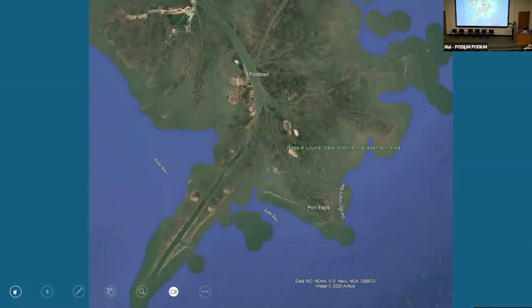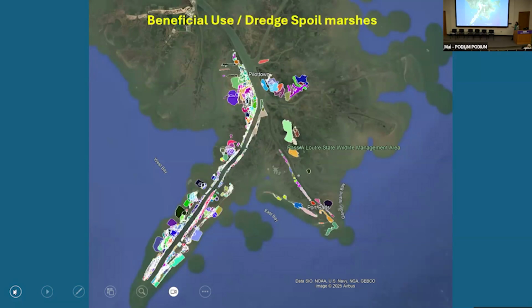Another technique, I guess I could say, for building land in this lower part of a river delta, a tool to create wetlands and increase carbon sequestration, is the use of beneficial use or dredge spoil marshes. And so each one of these boxes has been deposited as dredge sediment through the maintenance dredging of the ship channels.